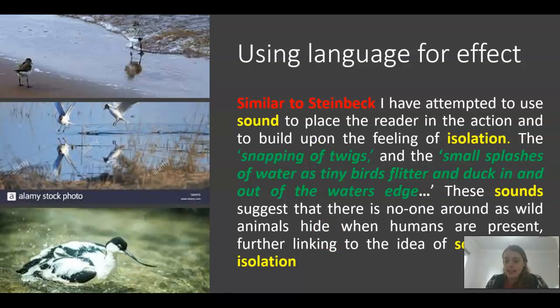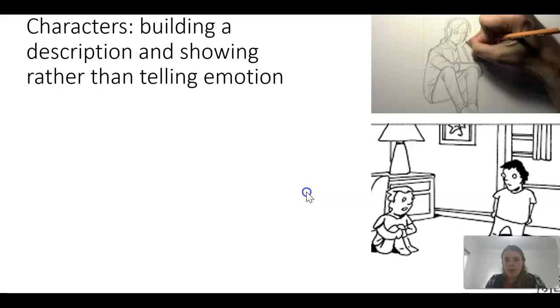So can you see here how this writer is using the literary technique of sound? They're saying Steinbeck uses sound, therefore I use sound, and then they quote themselves. I used sound in this way, quote, to show this idea. They've linked it back to the themes, solitude and isolation.